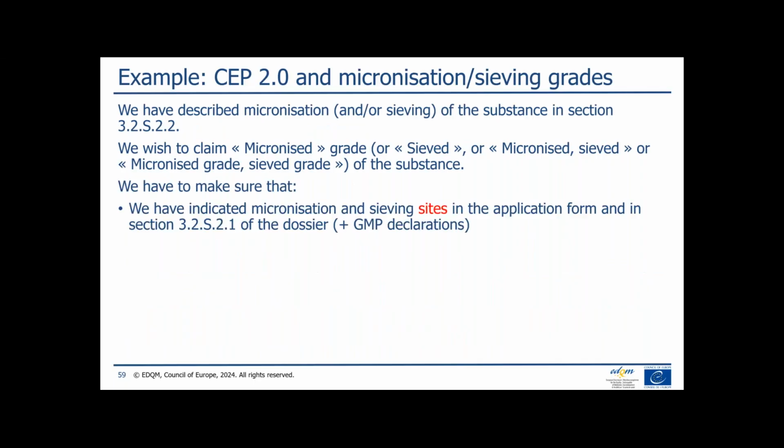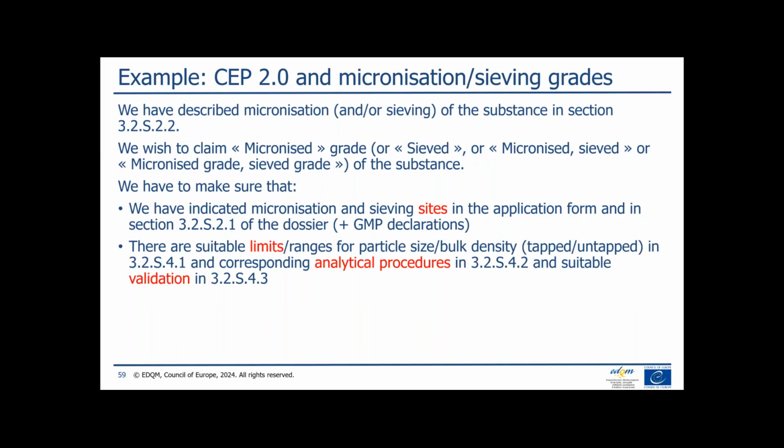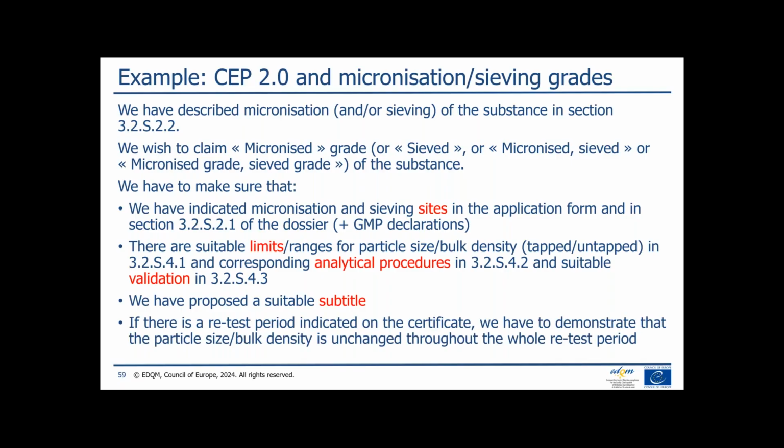For micronization, well, the micronization can be added, of course, via request for revision, and there are certain requirements to be met in section 2.1 manufacturing site for micronization, and relevant declarations should be given. Also section 4.1, 4.2, limits, ranges for particle size, density, whatever the tests are for the micronized grade, and a justification.